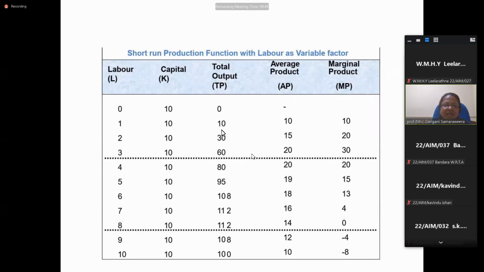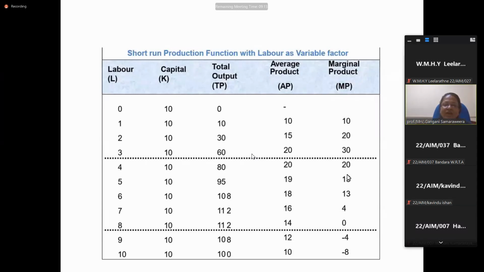Here, the change of output is 20, and the change of input is 1. Then 20 divided by 1 means 20. Again here, the change of output, 30 to 60, is 30. The change of input, 2 to 3, is 1. Then the answer is 30. Now clear?